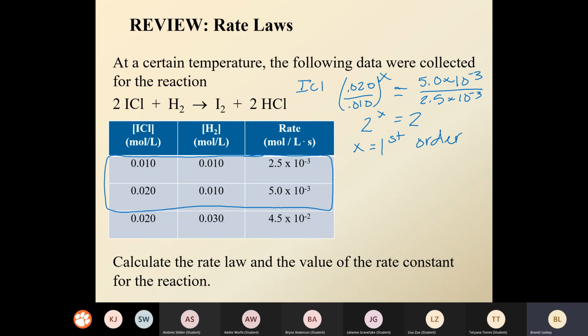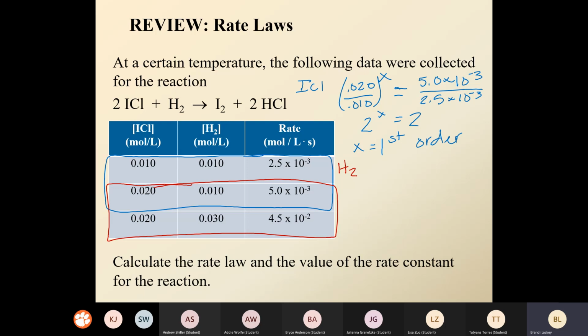So our other reactant is the H2. So we need to look at where ICl is staying the same, but H2 is changing. So if you look, ICl is the same during the second and third trial. So those are the ones that we're going to use to find the order for H2.